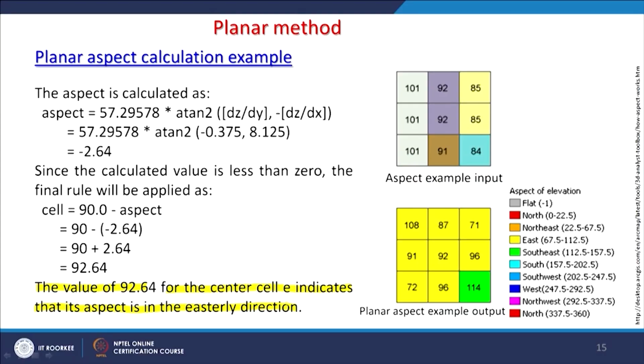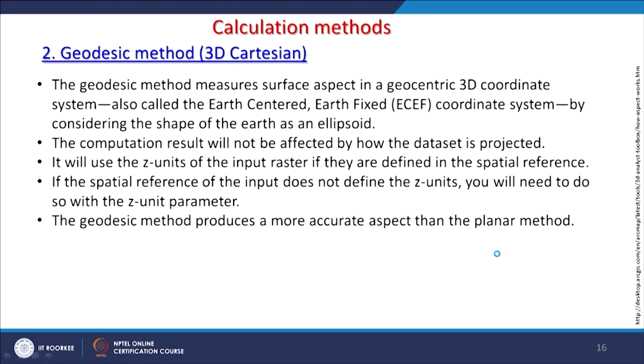So, likewise the calculation is done. This was my input and this is my output. You can also see that here 84 is the minimum, and a value of 114, as per the slope direction, falls in the southeast one. So likewise the calculation is done.